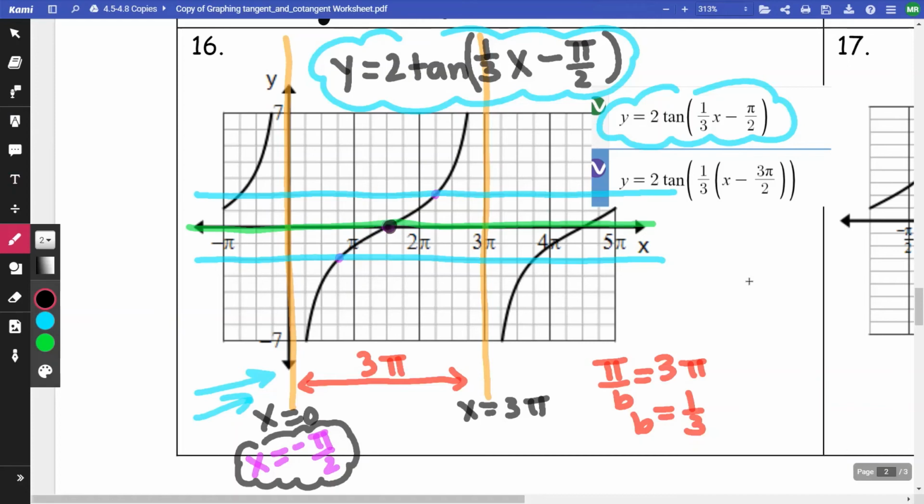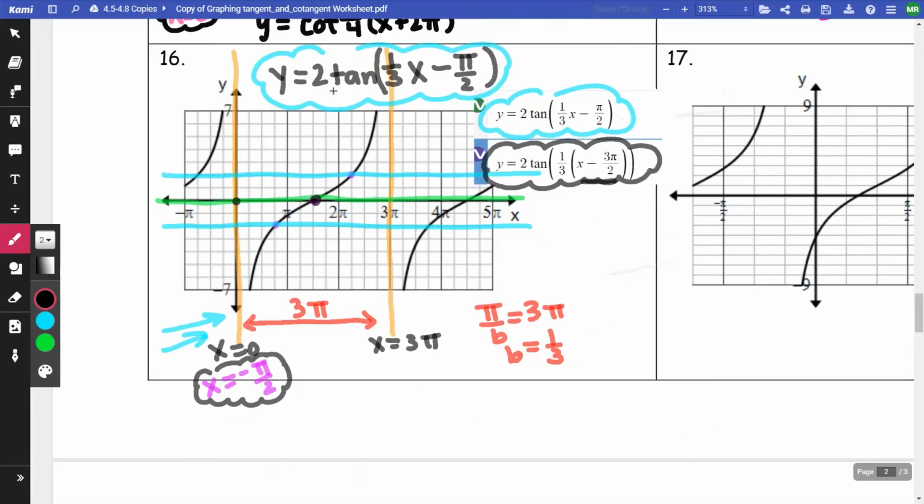It should be here. That's where my 0 is. So I needed to move it right 3 pi halves, and I did that here. So either one of these two equations is acceptable. It just depends on if I want the 1/3 in or the 1/3 out.